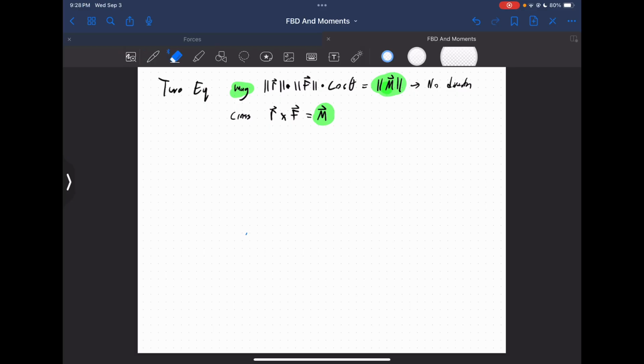R, we'll do a different color. I like purple. R equals moment arm. But that means nothing to most people.